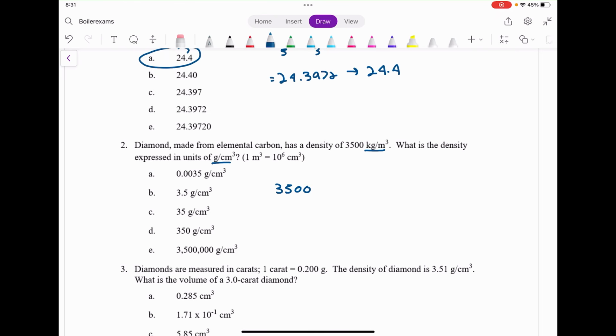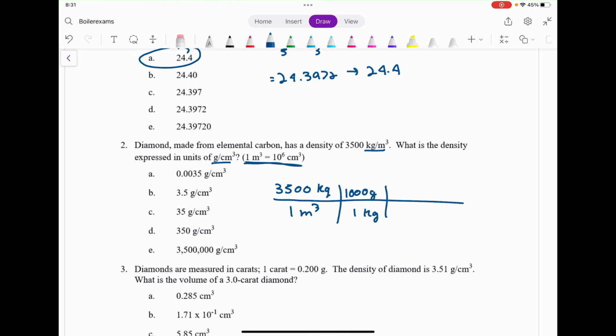Okay, we're going to start with 3,500 kilograms, and that's in 1 meter cubed. So let's first go from kilograms to grams. In 1 kilogram, I'm going to put kilograms on the bottom so it cancels. I have 1,000 grams. And then now let's do the meters cubed into centimeters cubed, and they even tell us.